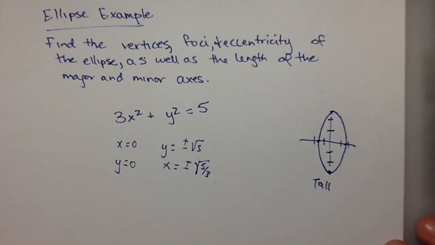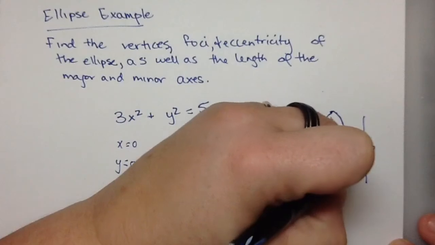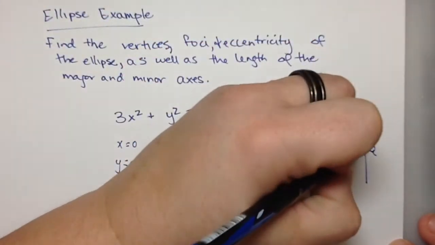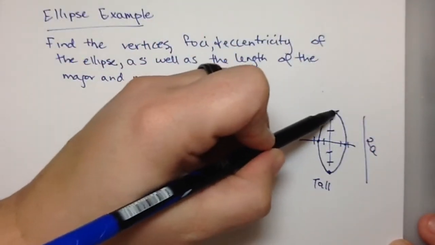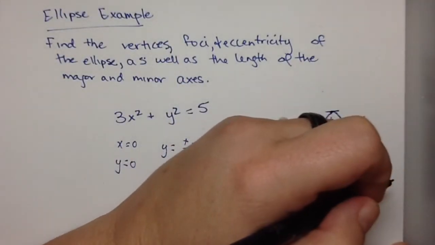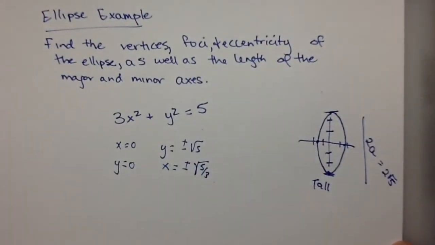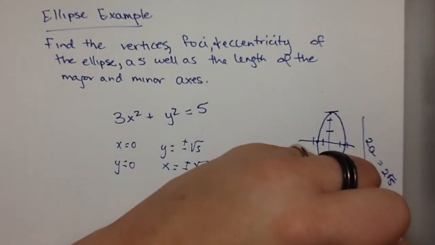All right, so now that we have this in our minds, we know that 2A, the length of the major axis, is going to be 2 square roots of 5, right? So then A is just the square root of 5.